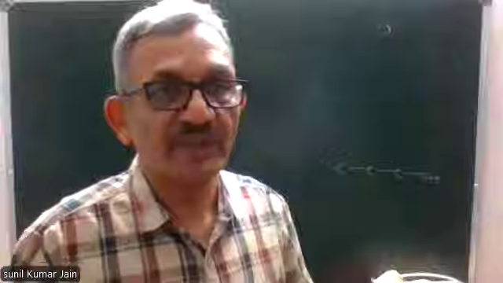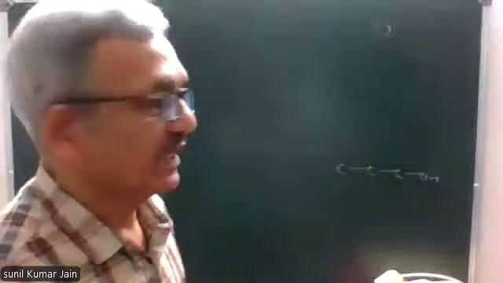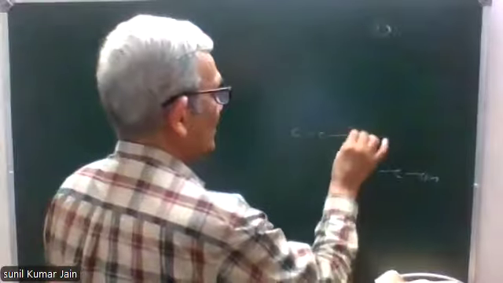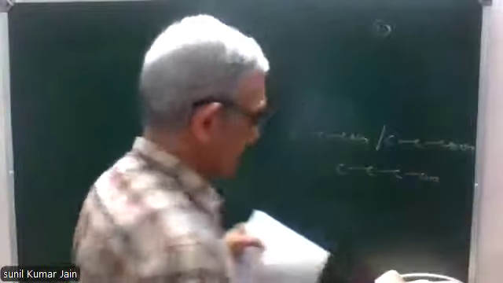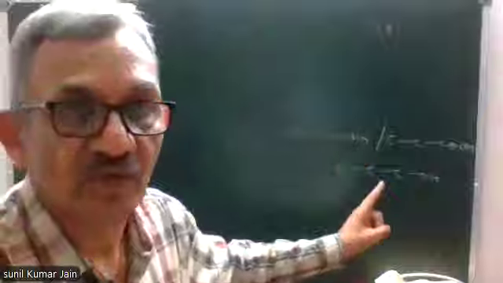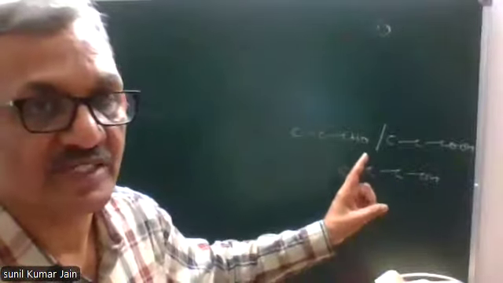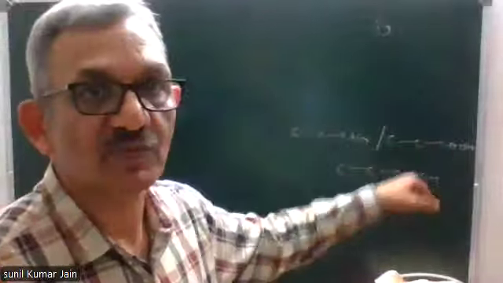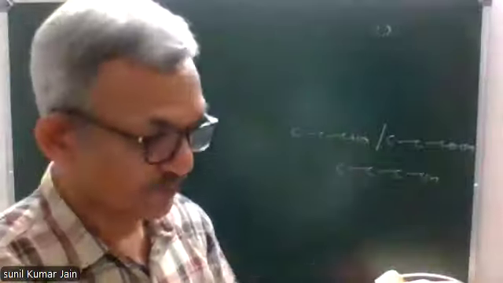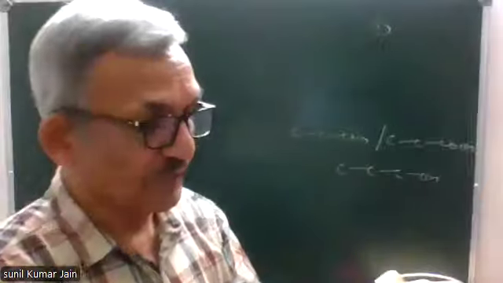Reduction of which compound will give 1-propanol? It may be propanal or propanoic acid. For the time being, the answer for C may be propanal or propanoic acid, because both on reduction will give 1-propanol. Now we move backwards.